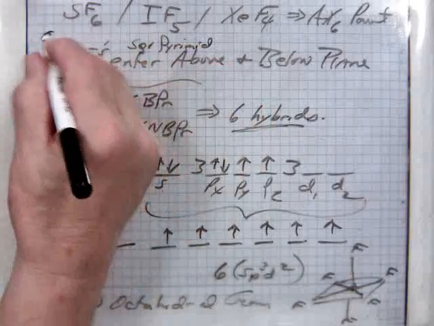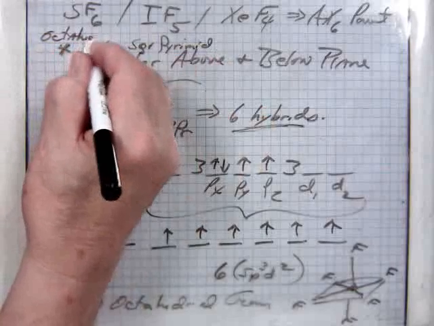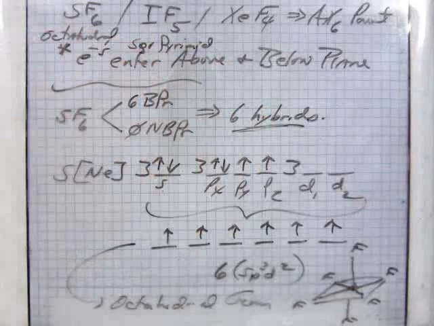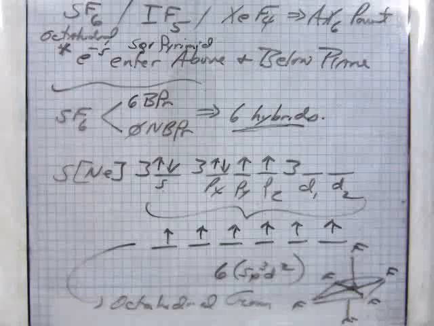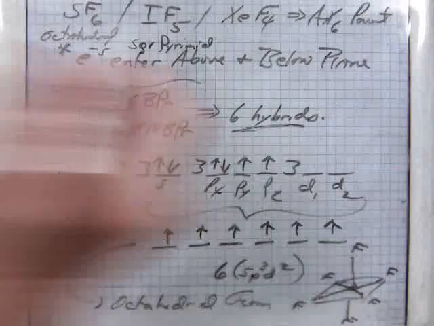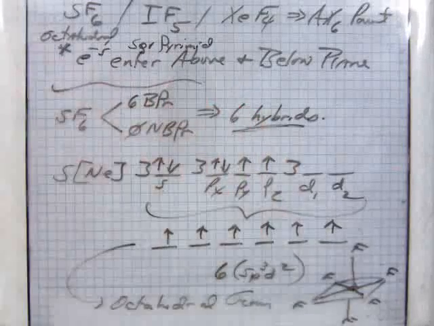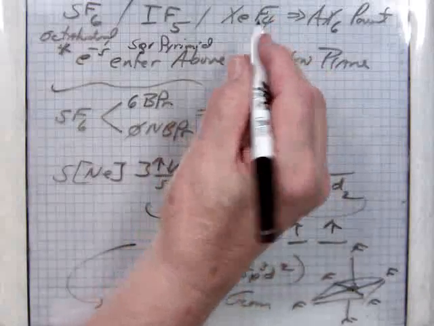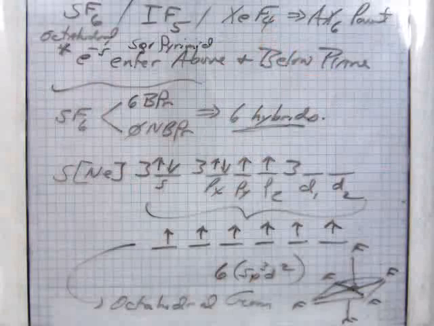This is octahedral, which is defined by the sp3d2s. This one's square pyramid is also defined by an sp3d2, but just happens to have a non-bonded pair in it. And XeF4 has 4 bonded pairs and 2 non-bonded.